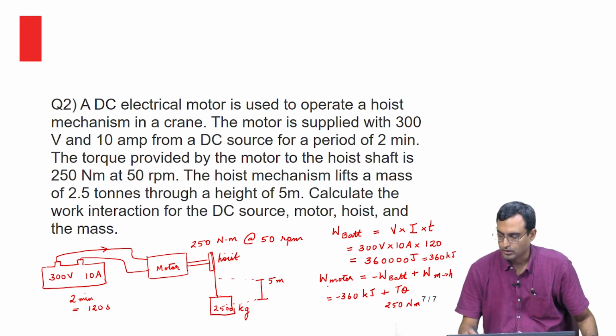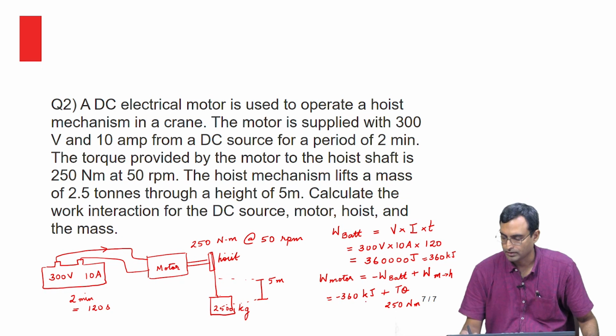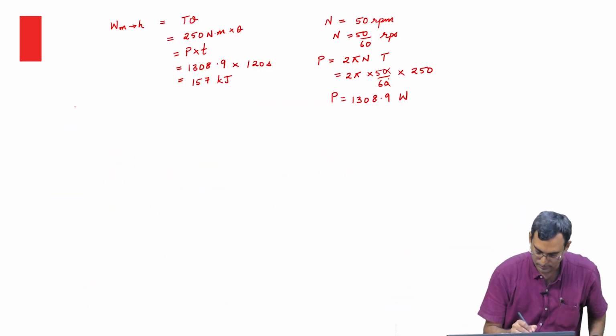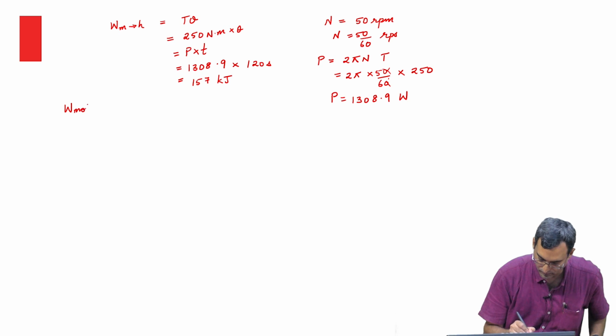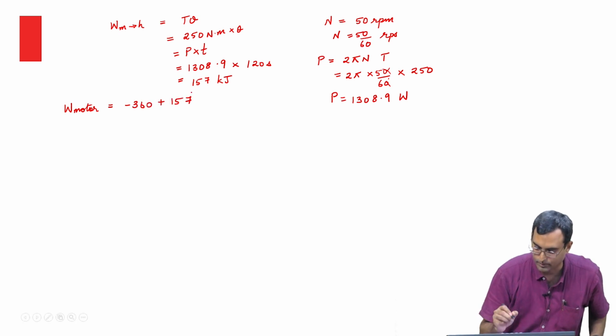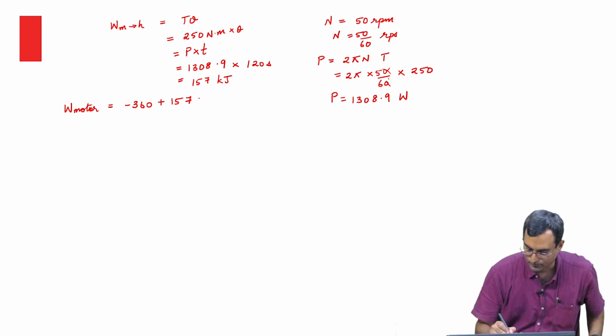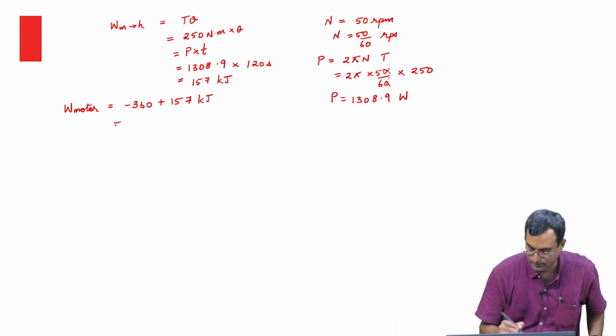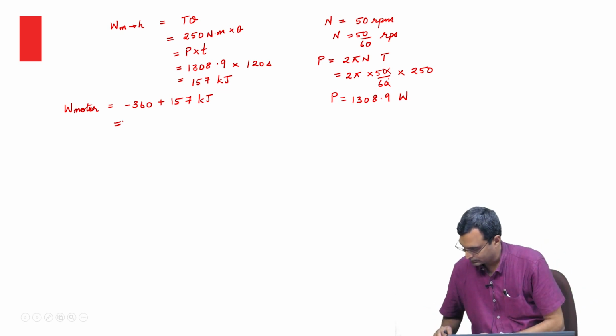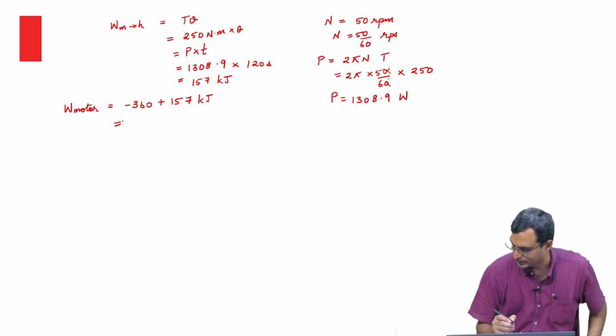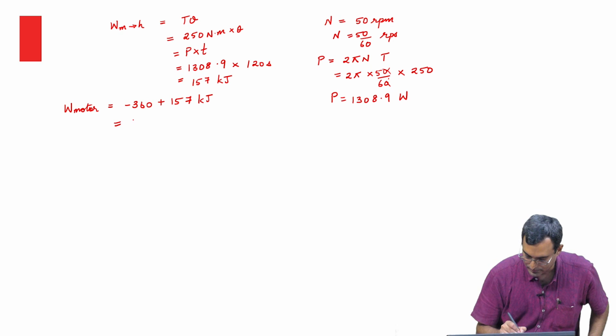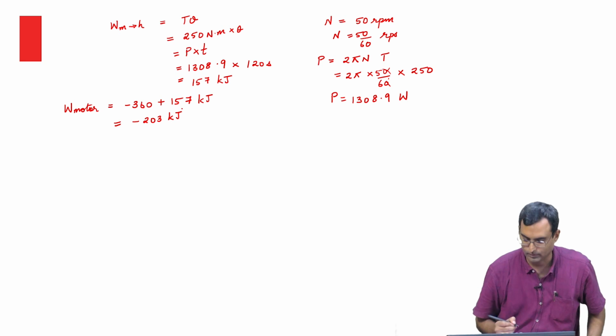So, the total interaction for the motor is whatever the battery does on it, which is minus 360, plus whatever the motor does on the hoist, which is plus this, which gives me a value of minus 203 kilojoules.